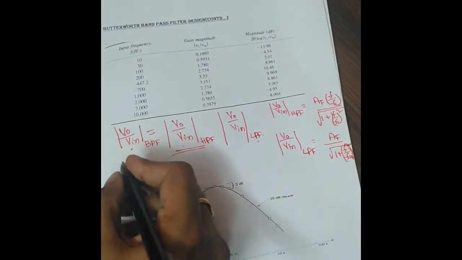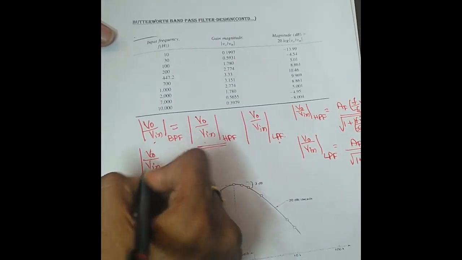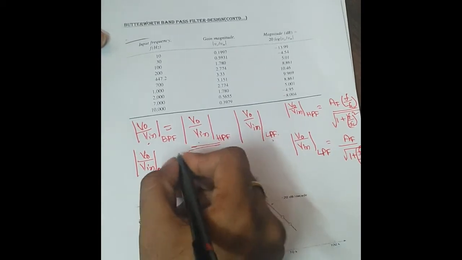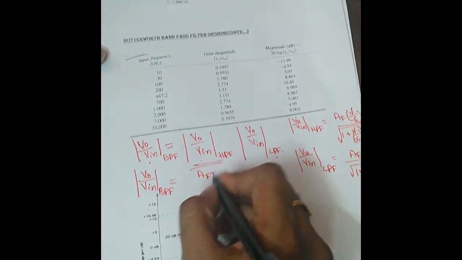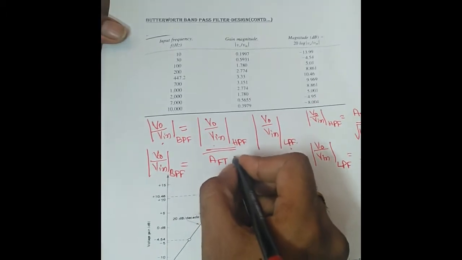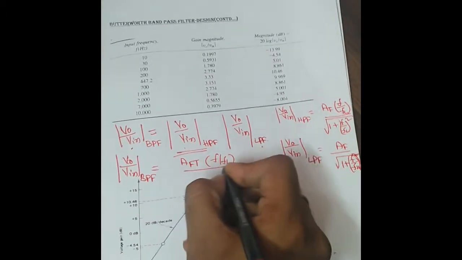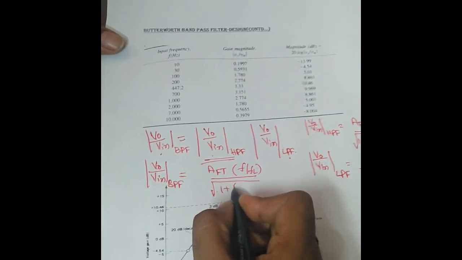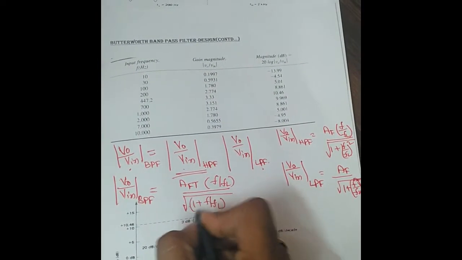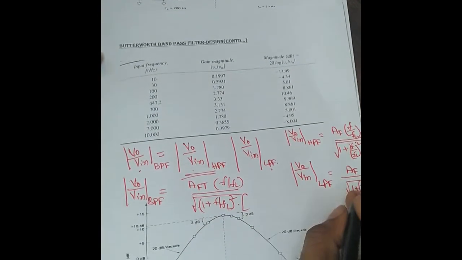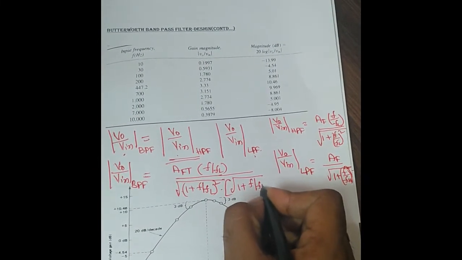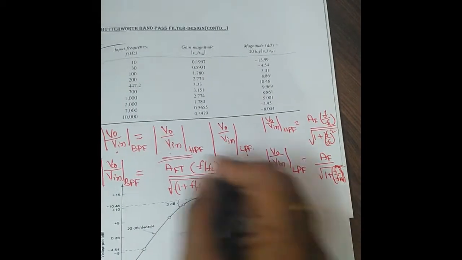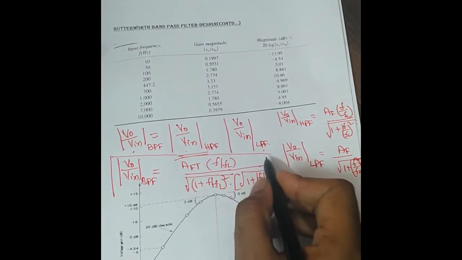Then we get V0 divided by Vin for the band pass filter is equal to AFT, that is the gain of the total band pass filter, into F by FL divided by square root of 1 plus (F by FL) whole square, into 1 divided by square root of 1 plus (F by FH) whole square. This is the gain magnitude for the band pass filter.